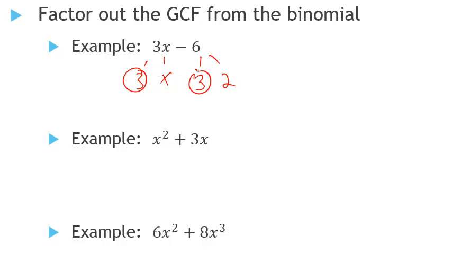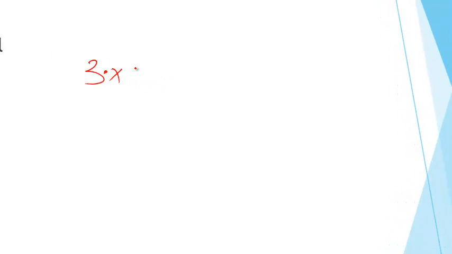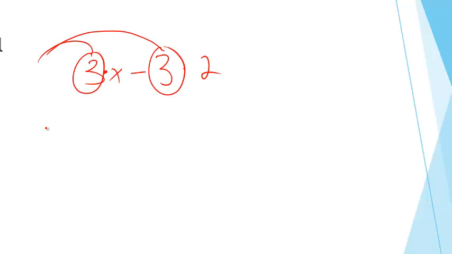So we can factor that out. We're just going to take out the GCF. So that would mean we're going to have 3 times (x minus 2).